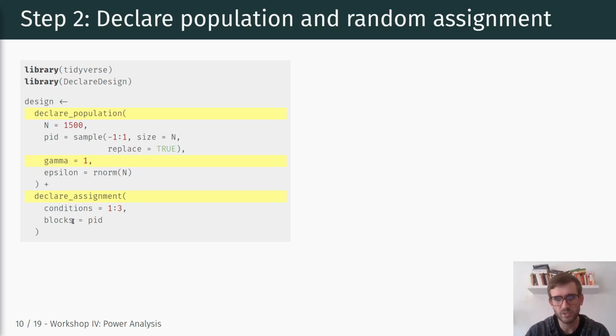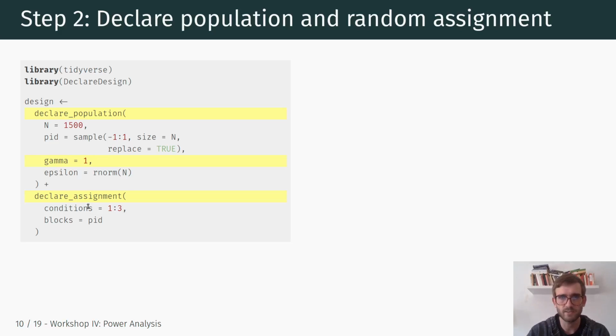And importantly, we're taking into account that treatment assignment here is blocked by party identification. So this is something that was part of the design. Random assignment was not completely randomized across all observations, but rather randomized within party identification blocks, to increase power, essentially.